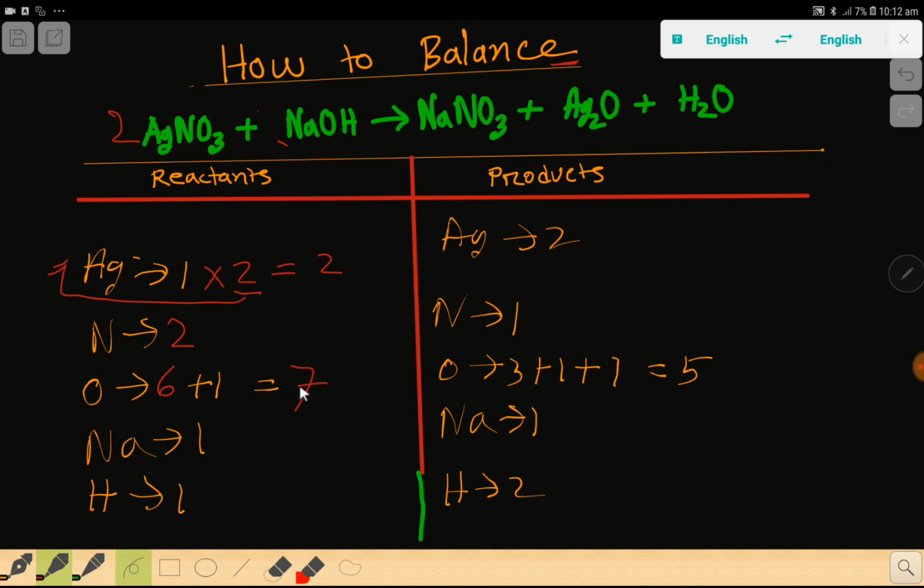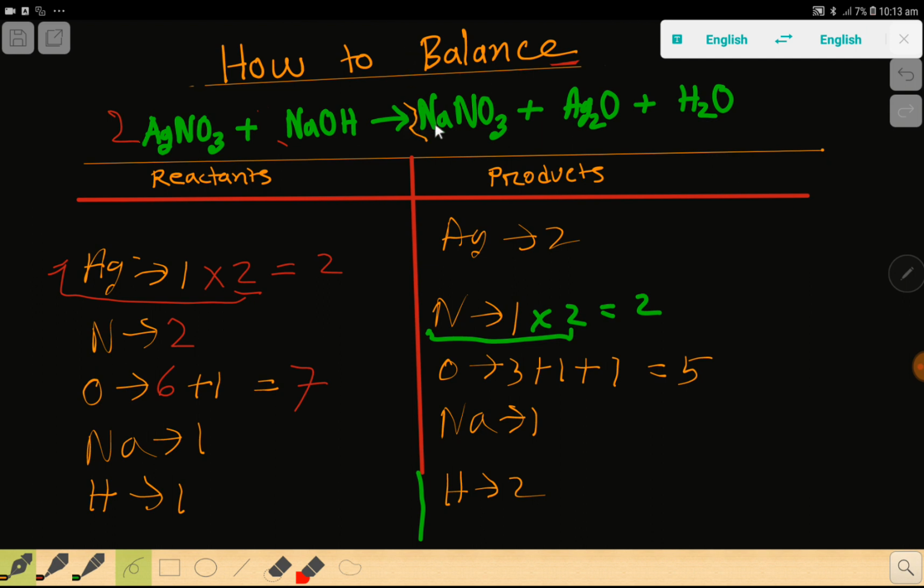Seven. Okay, 7. Look, nitrogen here 1 but here 2, so you need to balance the number of nitrogen. To balance the nitrogen, what can you do? You can simply multiply here by 2, that gives you 2. These 2 must come before this nitrogen, so you have to place 2 here.